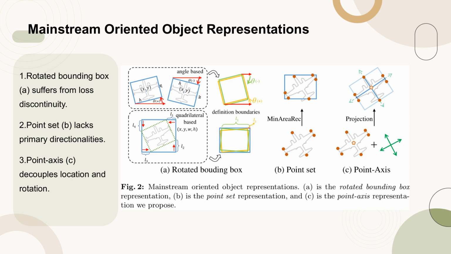The third, C, our proposed point axis representation, effectively separates location and rotation, providing a more flexible and continuous modeling approach. This method also includes axes for orientation cues, addressing the limitations of the other two methods and leading to more robust optimization and consistent prediction in oriented object detection tasks.